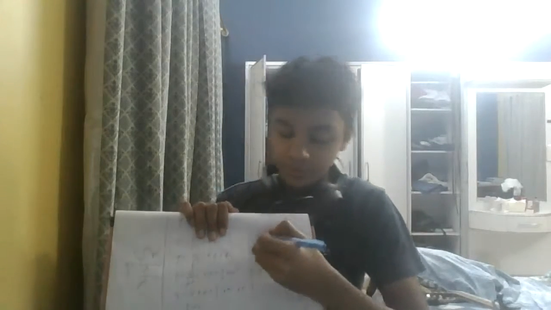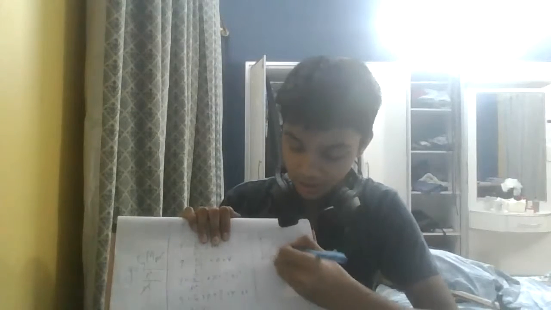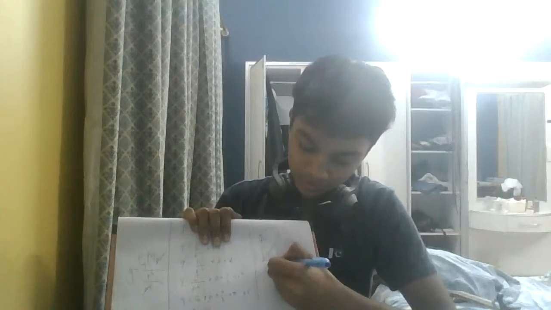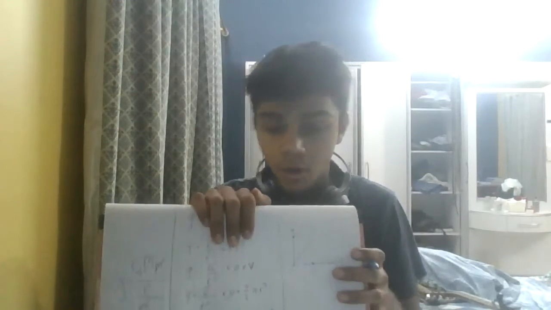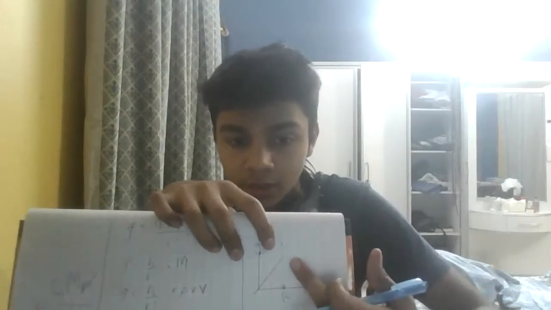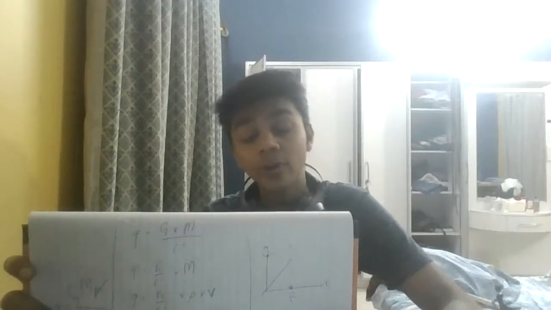Now this is going to be our g, and this is going to be r. Let's say this point here is the surface of the Earth, r. Now what happens after we escape the surface of the Earth? We read that g is inversely proportional to r squared.